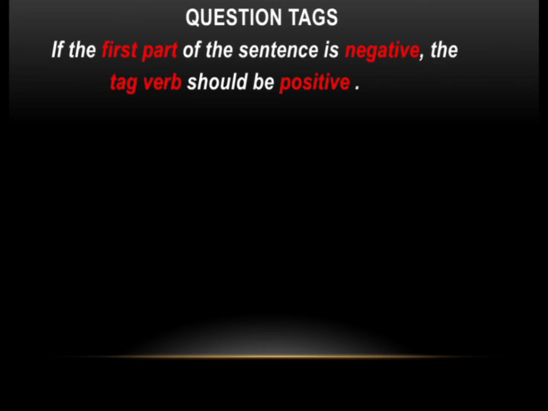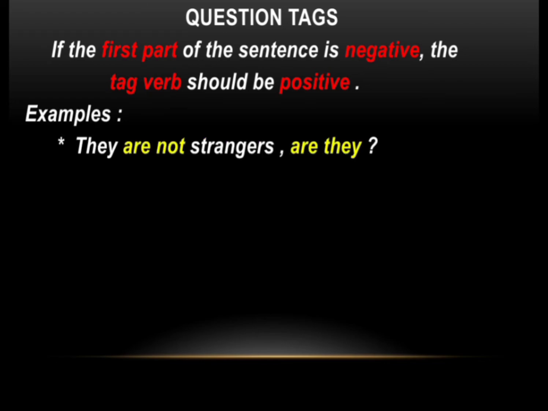Now, if the first part of the sentence is negative, the tag verb should be positive. Example, they are not strangers, are they? They are not strangers is the first part of the sentence.